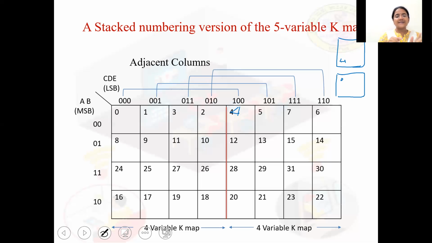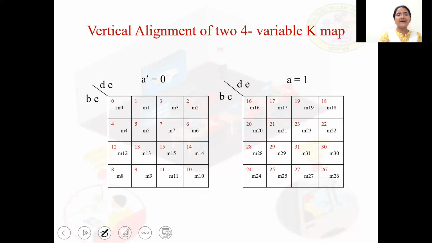And in the stacked numbering version, we are placing one 4 variable key map on the other in the form of a stack, and we can consider those columns as adjacent. This is the vertical alignment of two 4 variable key maps.